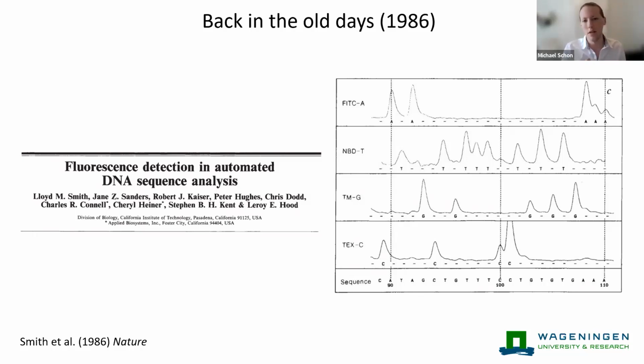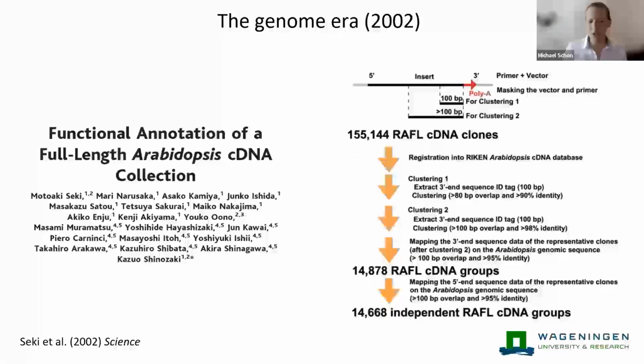And so then the 4 colored fluorescent reporters for the 4 nucleotides could be read off in a much more rapid way than running the whole thing on a gel and looking at it by eye. And so as the technology of Sanger sequencing improved, the throughput of what could be sequenced also improved. And eventually that brings us to what's often called the genomic era.